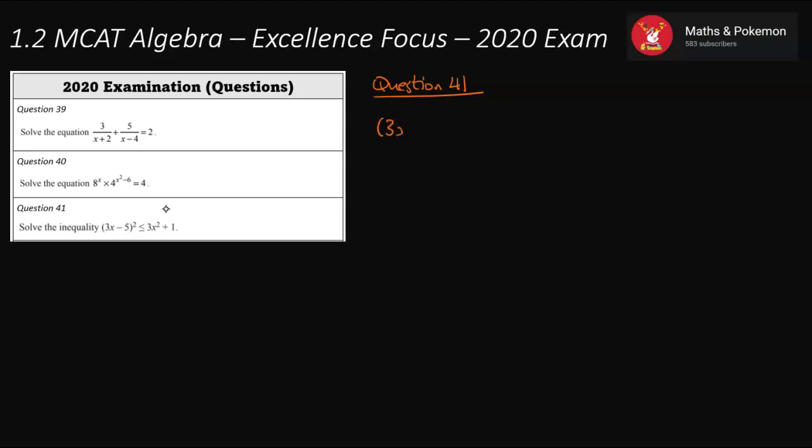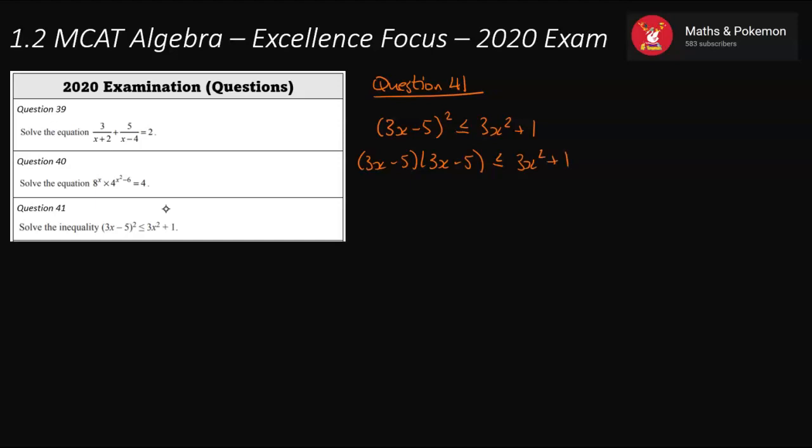So we've got the first bracket, which is 3x minus 5 squared. When is that equal to or less than 3x squared plus 1? So first step, just going to double bracket that perfect square to make it easier to expand. So 3x minus 5, 3x minus 5, inequality sign, 3x squared plus 1.